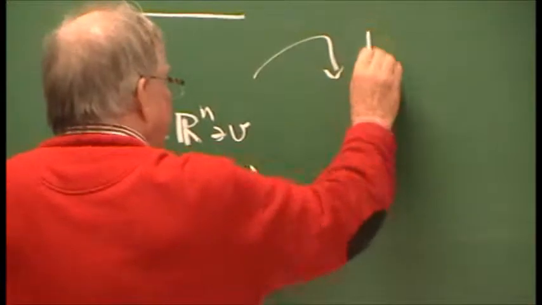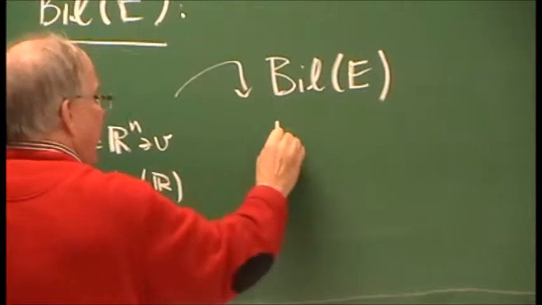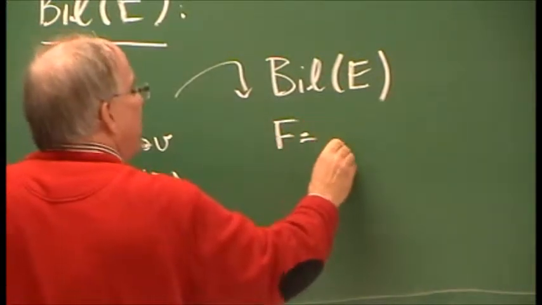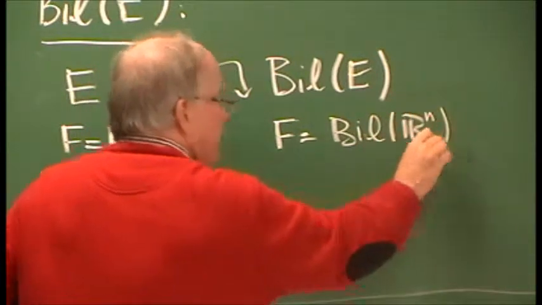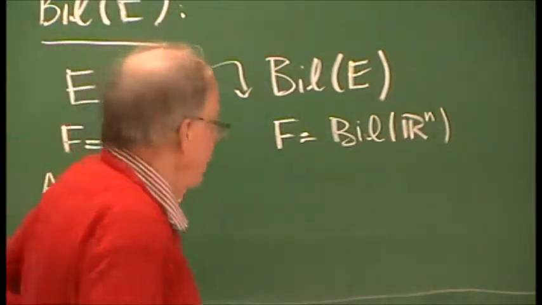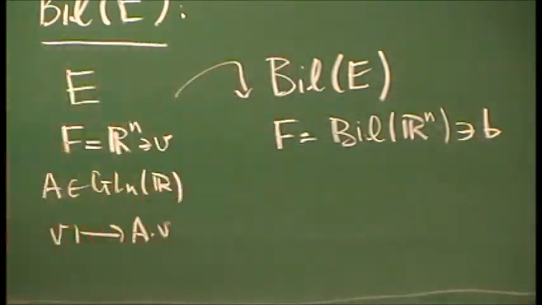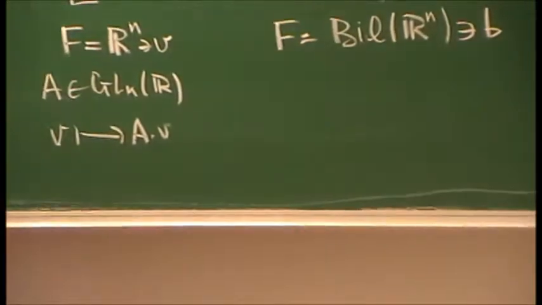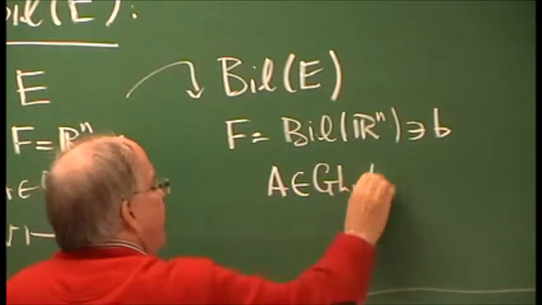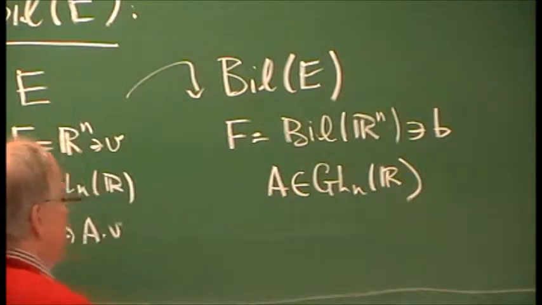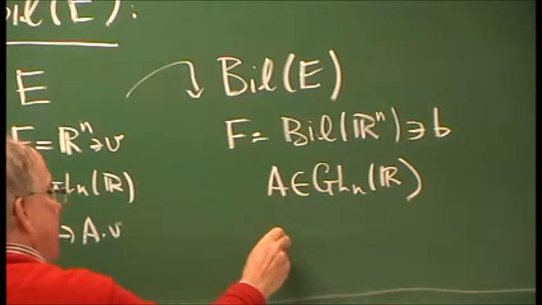If I go to the bilinear forms here, E, the fiber now is the bilinear forms on Rn. And if I take B, a bilinear form, and I take a matrix A, I have to ask how it acts on bilinear forms, because this is going to tell me what the structure of this bundle is. Well, let me see here.